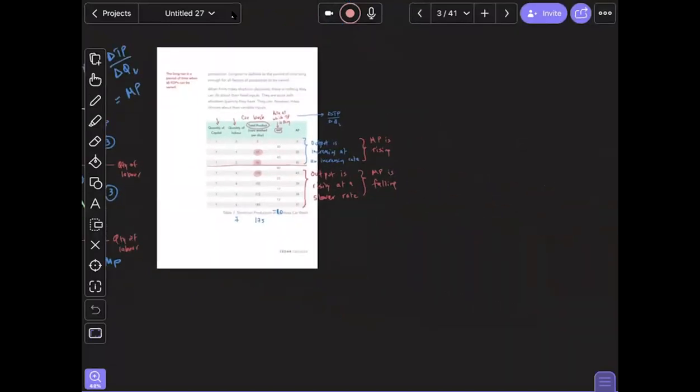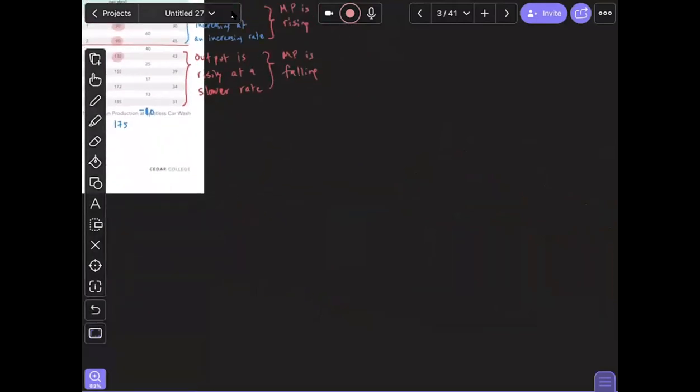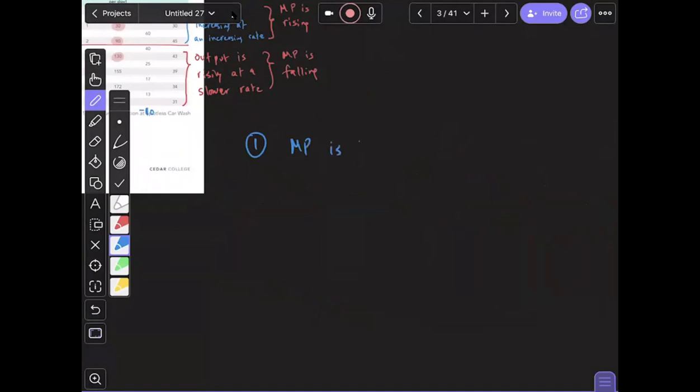So the first zone is where MP is rising, or TP is rising at a faster rate. The second one is MP is falling.